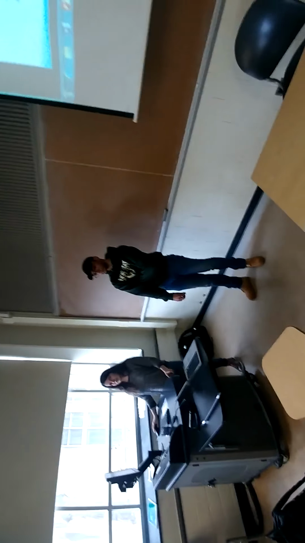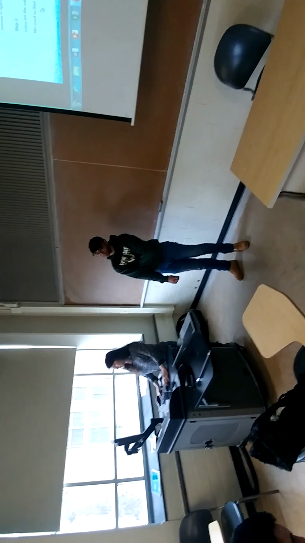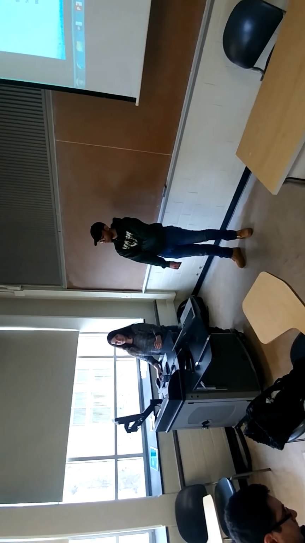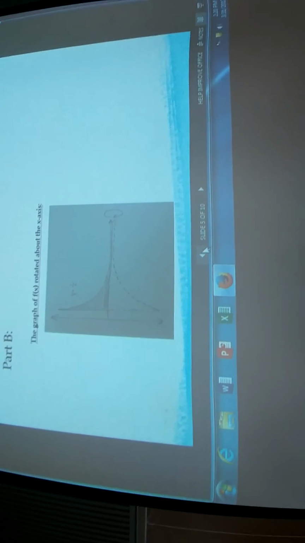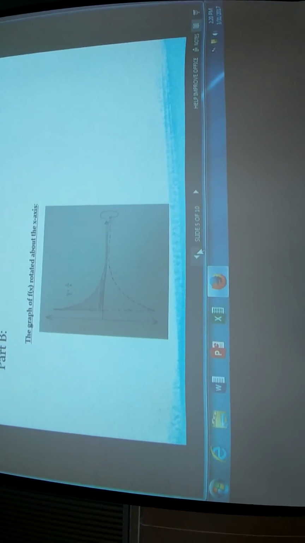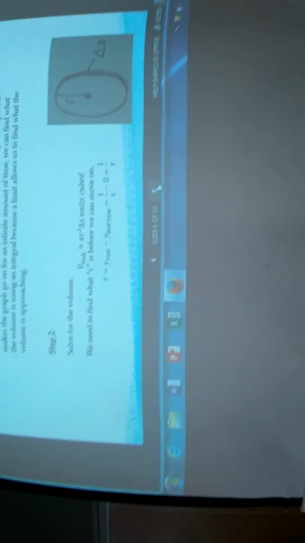We need to find what r is before we can move on, because there are too many variables to make the integral otherwise. We can find r by subtracting the bottom line from the top line. The top curve is the y top, and the x-axis is the y bottom. So we'll do 1 over x minus 0, which is just 1 over x for our value of r.